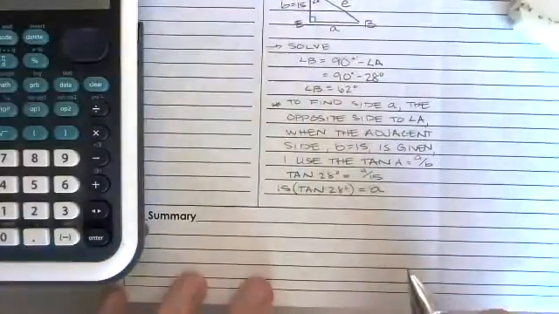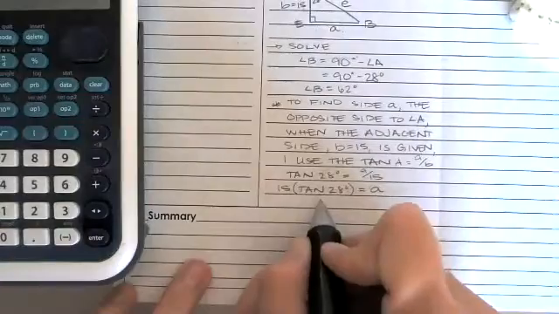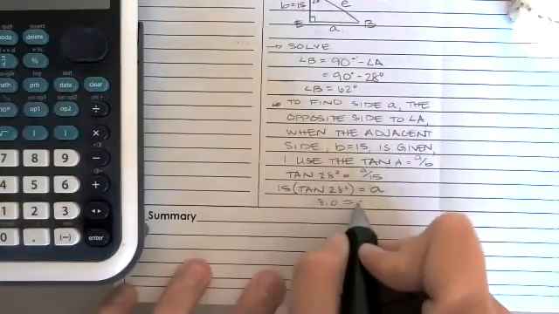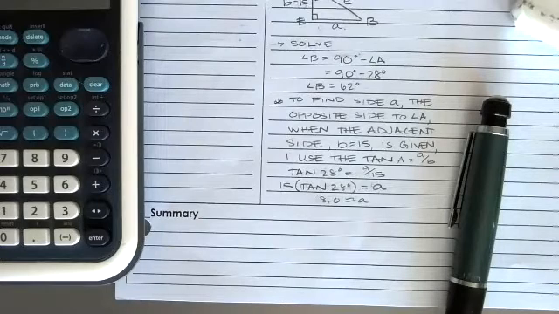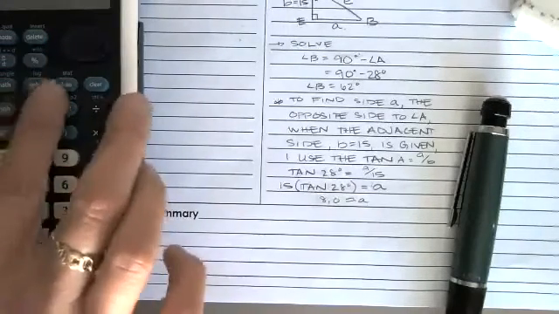Wait, Nima. I can't find the trig option on my calculator. Okay, do you want to turn on your screen and show me what calculator you have? It's not one of these in here.